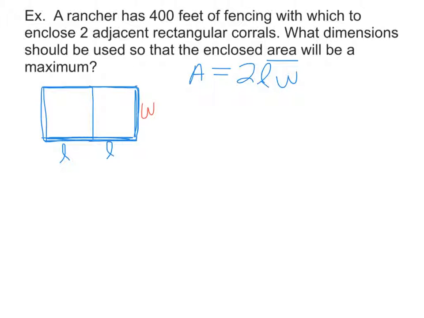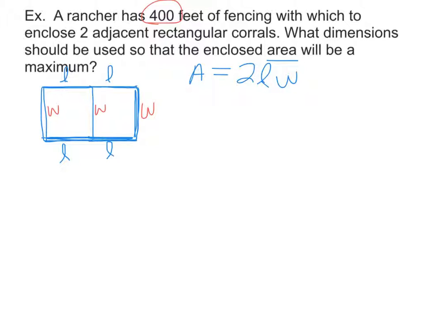Now I need a secondary equation. Well, we know that he has 400 total feet. Now that 400 feet has got to include these two L's along the length. Well, we're looking at perimeter here. I've also got an L here and an L up here on the other side of my corral. And I've got this W and this W and this W. So it's not necessarily our standard formula we're used to seeing.